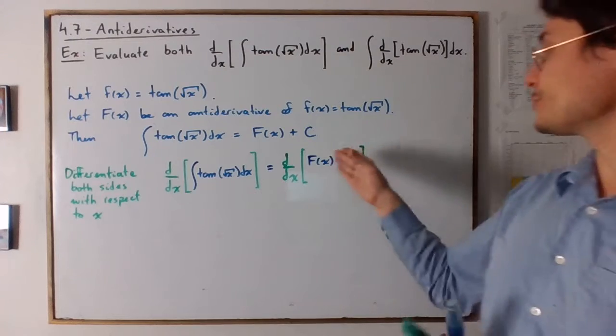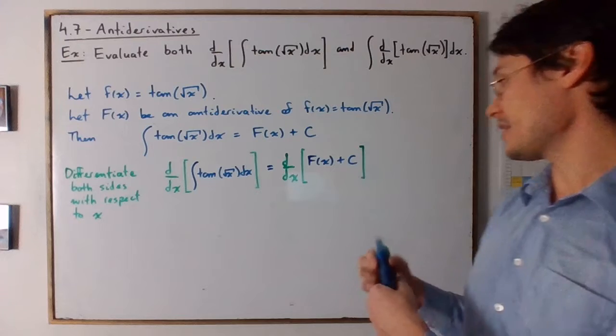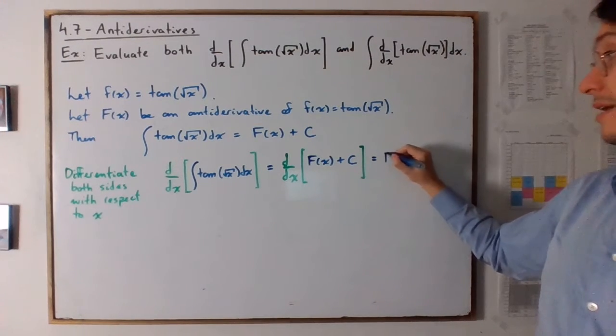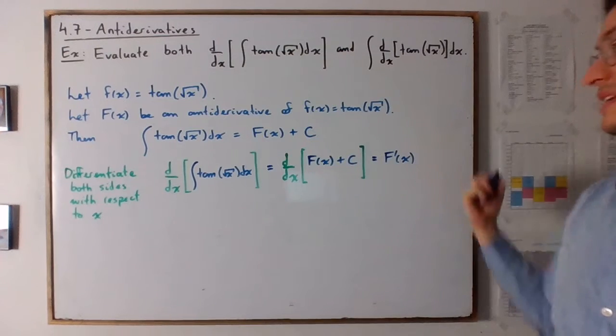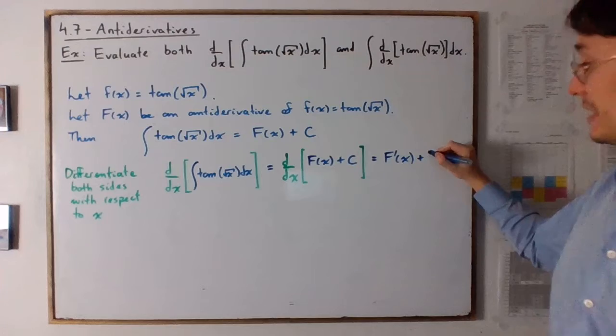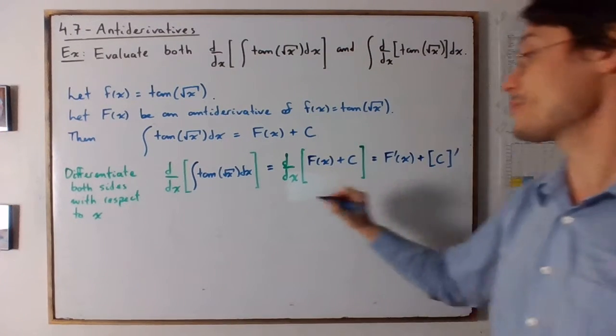So now we just need to simplify this. The derivative of big F of x is going to be capital F prime of x. And then we have the derivative of a constant, which, remember, is simply 0.